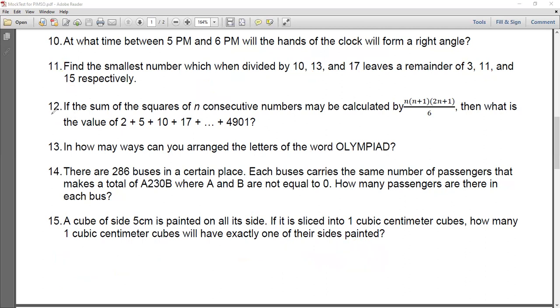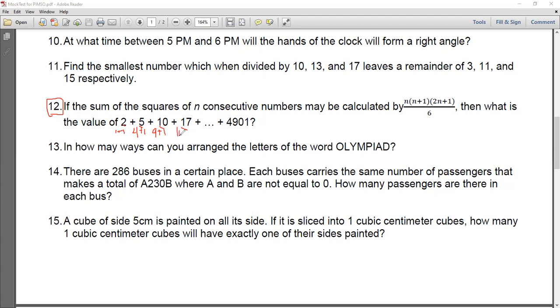Number 12, this is the same as the one on the mock test. In this case, if you will notice the numbers 2, 5, 10, 17, they are actually related to a square number. So 2 is actually 1 plus 1. 5 is actually 4 plus 1. 10 is actually 9 plus 1. 17 is actually 16 plus 1.